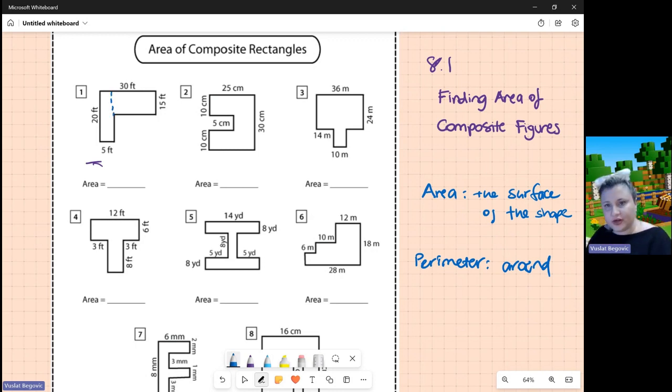I see there are 2 rectangles in here. Does it matter how I separate them? It does matter sometimes, depending on the numbers that they provide you. Here, I don't know this side, and I need to find it. Oh, this must be 15 here.